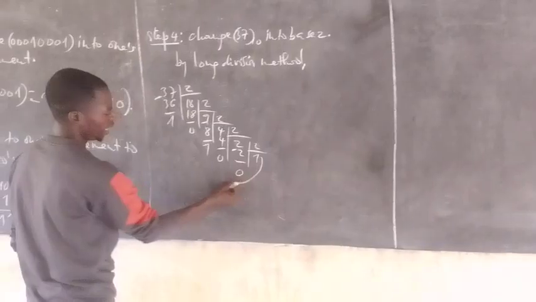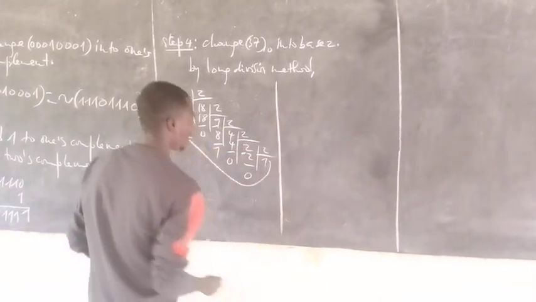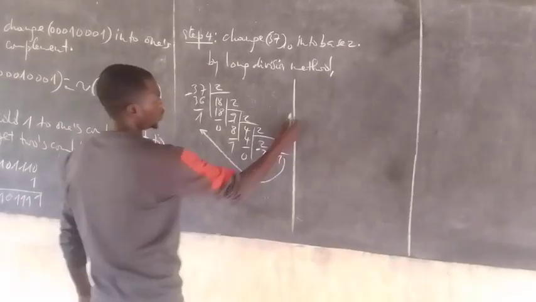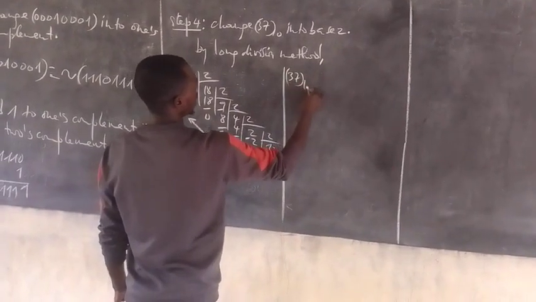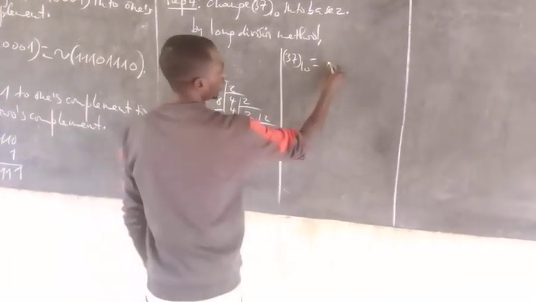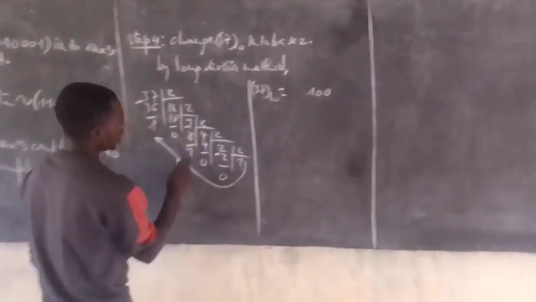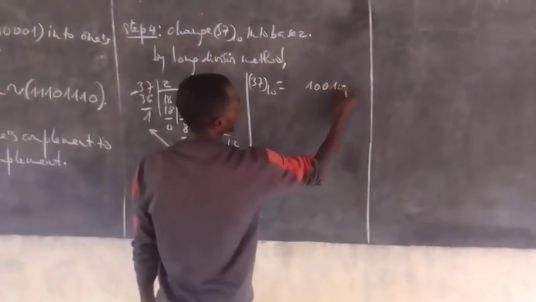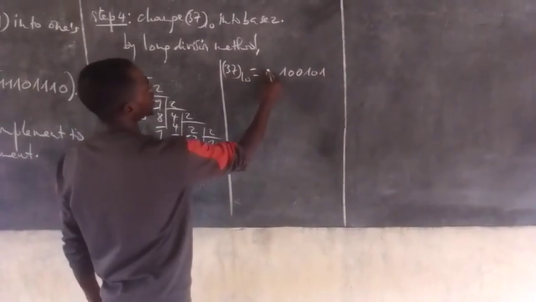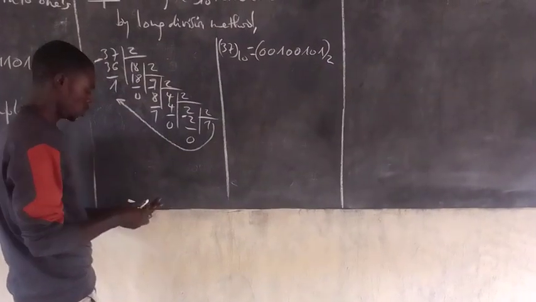So we write the answer from the bottom. We have to say 7 in base 10 is equivalent to 1, 1, 1 in base 2. Remember that we have to use 8-bit representation, so here we have to add the other zeros in base 2.